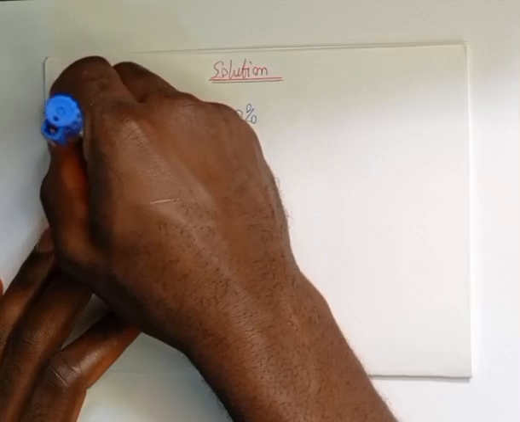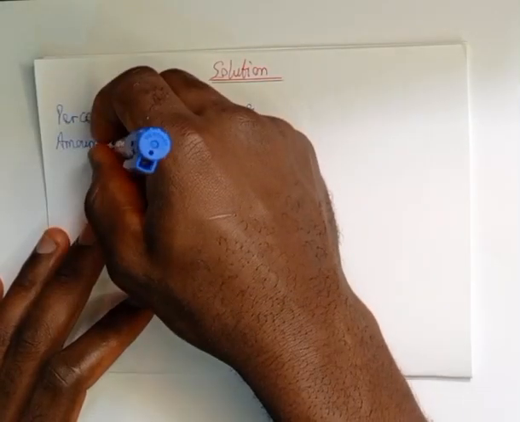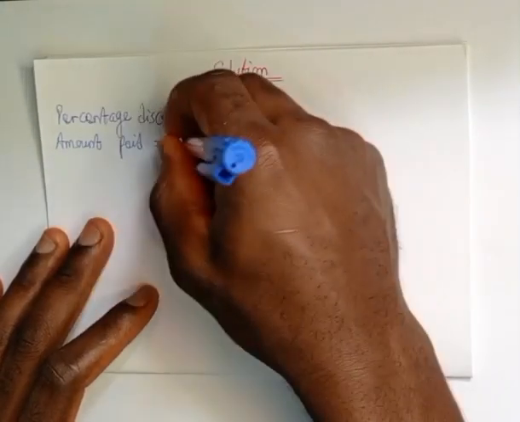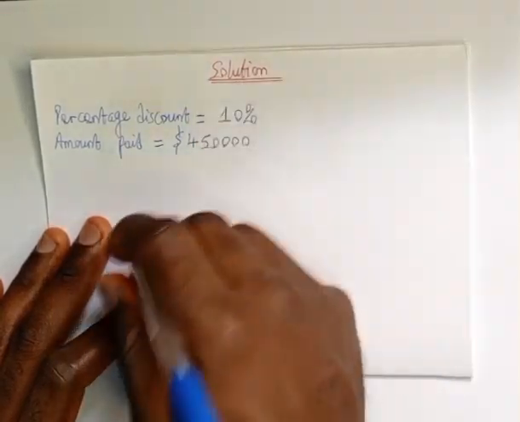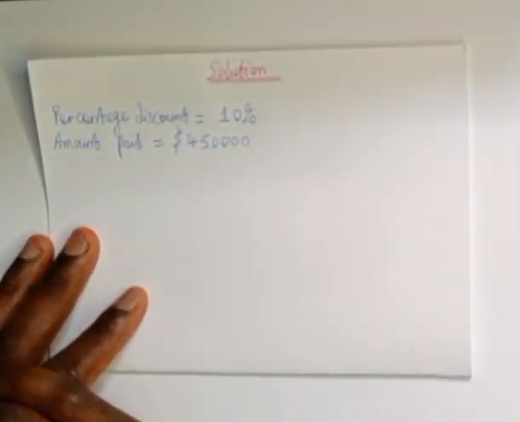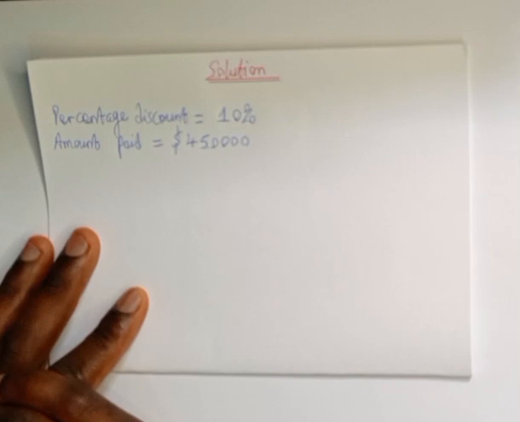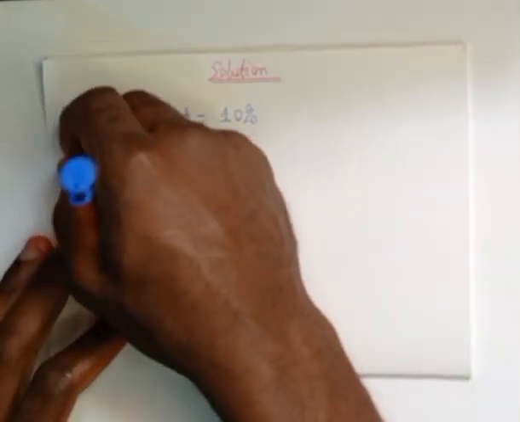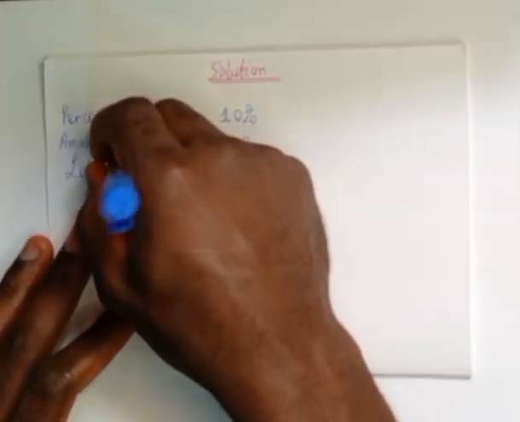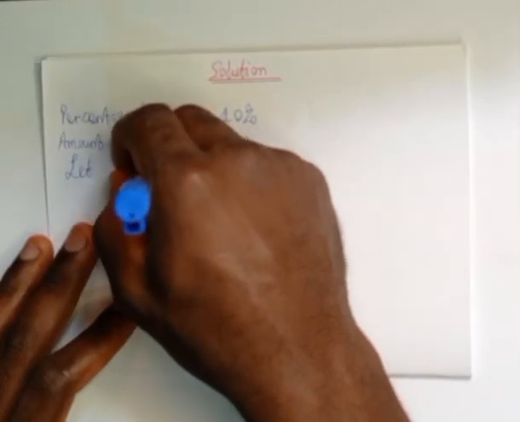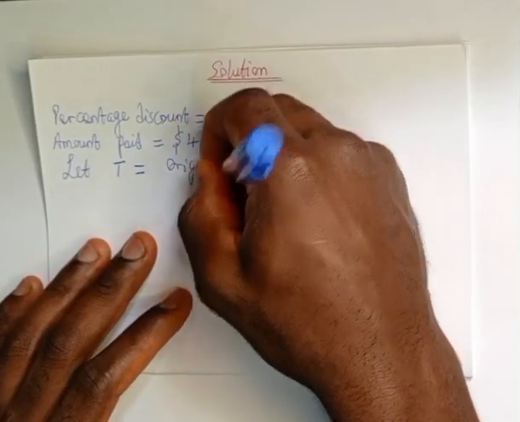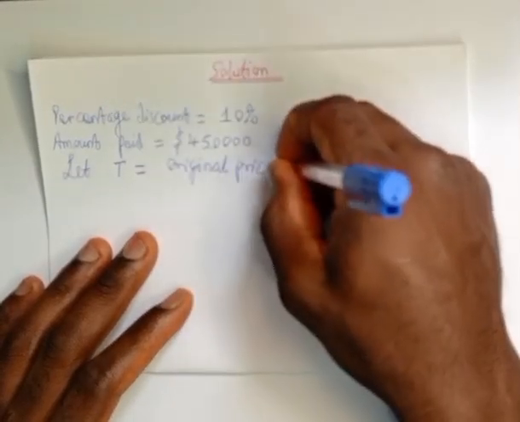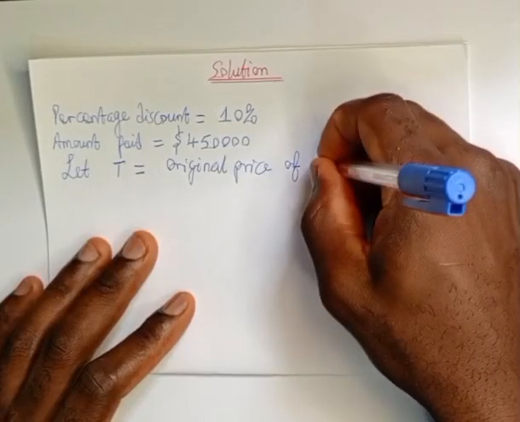The amount paid by the man for the car is equal to $450,000. We have to find the discount amount the man received. We are going to start by let T to be equal to the original price of the car.